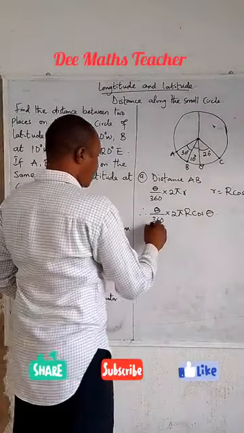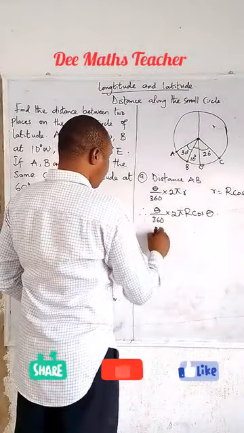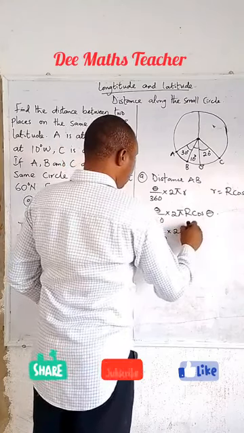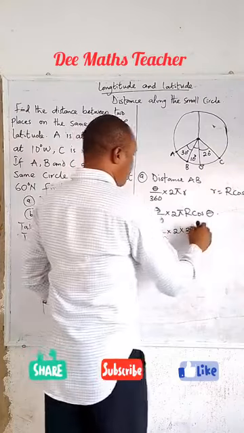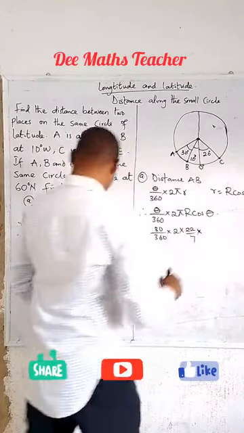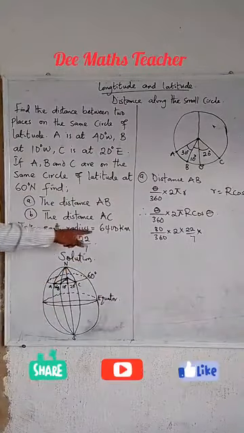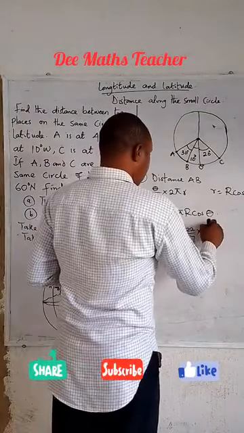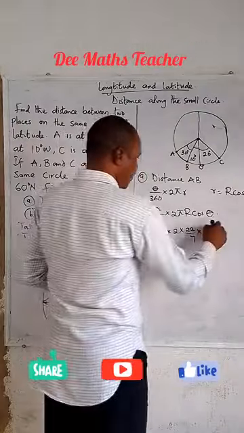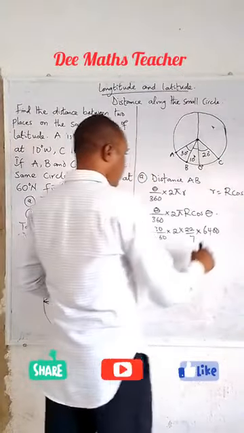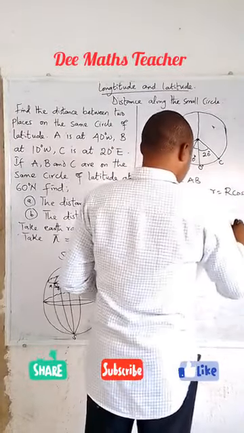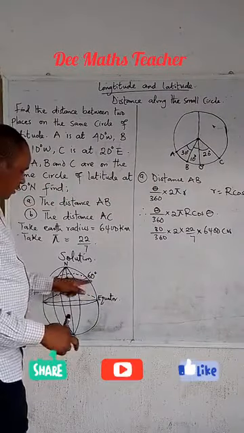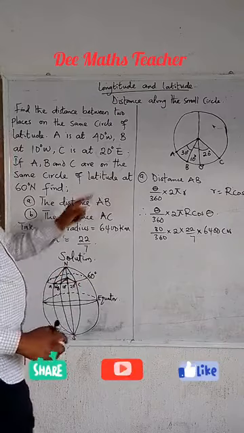So, our theta here will be 30 divided by 360 multiplied by 2 times 22 over 7 multiplied by our R, as given from the question, which is the Earth radius, 6,400, cos theta. Our theta here is 60 degrees, which is for the line of latitude.